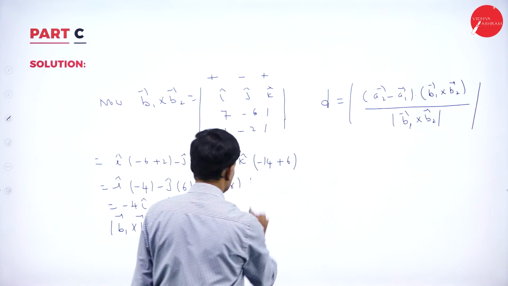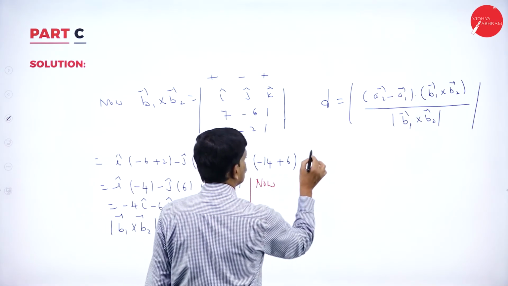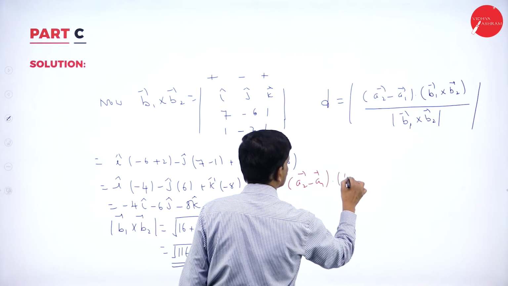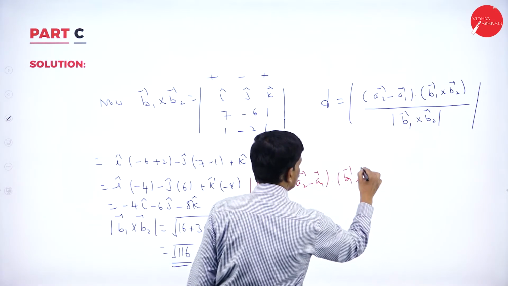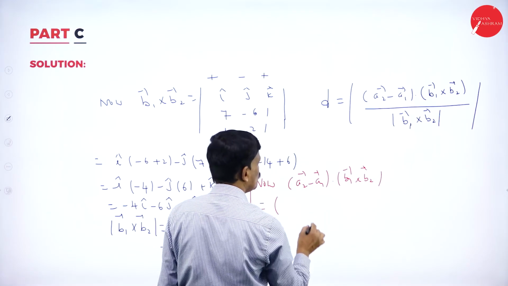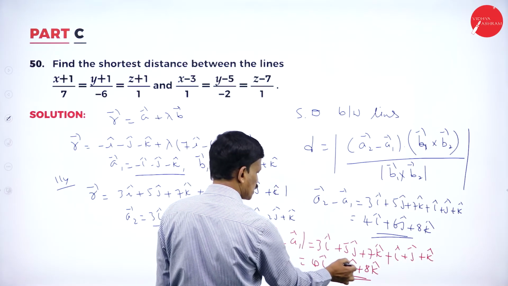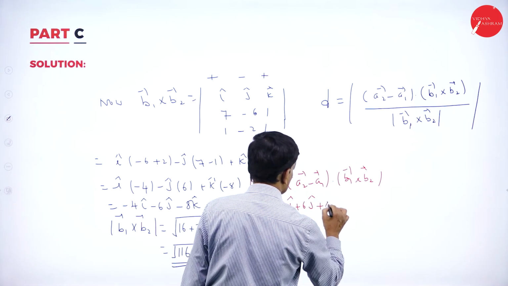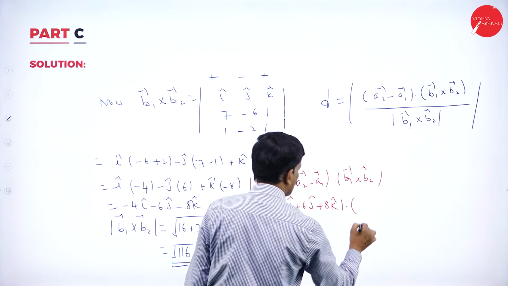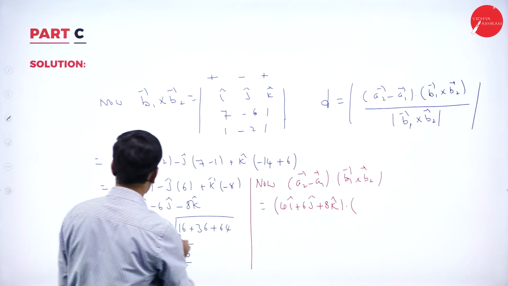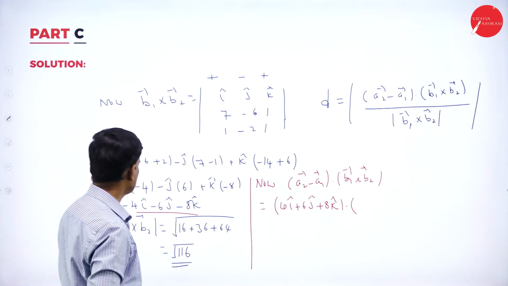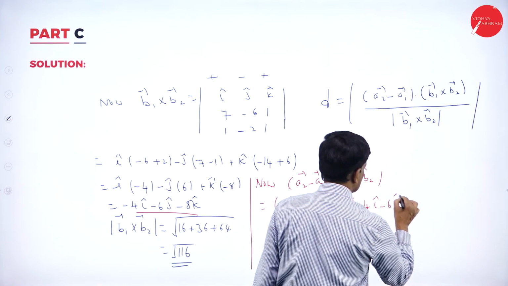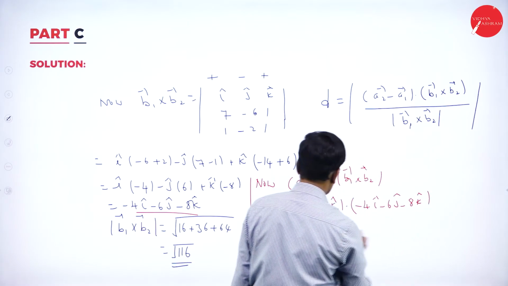Now find out a2 minus a1 dot b1 cross b2. So this is equal to a2 minus a1, which is 4i plus 6j plus 8k, dot b1 cross b2. What is b1 cross b2? Minus 4i minus 6j minus 8k. Dot product.